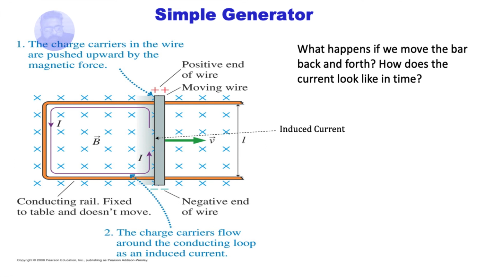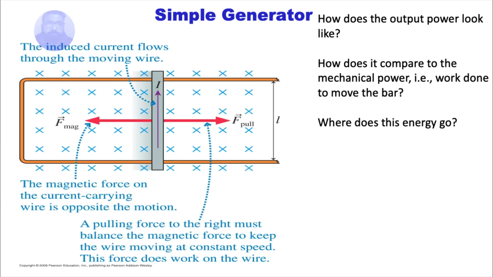As we move the bar to the right, positive charges will go to the top of the bar and negative charges will go to the bottom of the bar, and that bar then looks like a battery. And therefore it will generate a current going from top to bottom, going through the yellow wire, the loop. And we can of course move it back and forth, and we'll have alternating current that will oscillate sinusoidally.